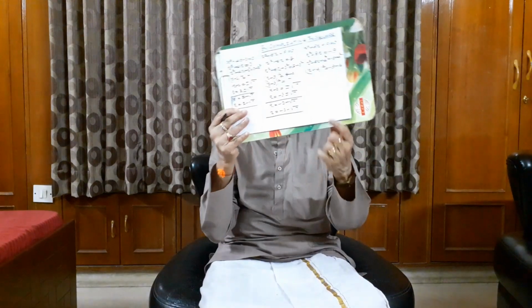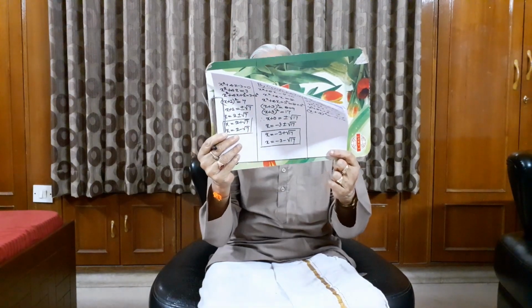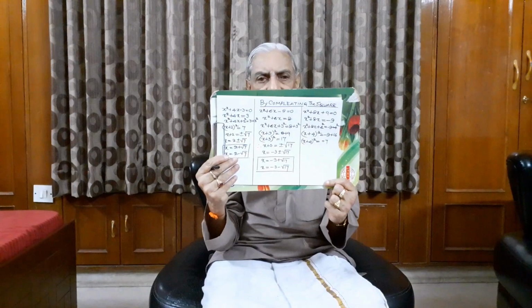On the right hand side, you get minus 9 plus 16. What is 4 squared? 16. I have to simplify the right hand side. So x plus 4 the whole square is equal to plus 16 minus 9, which is plus 7.